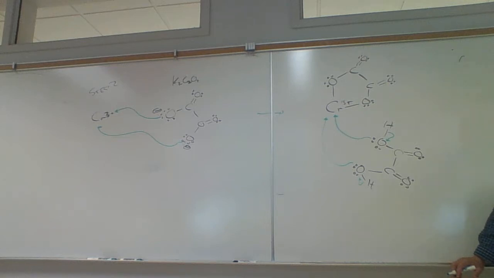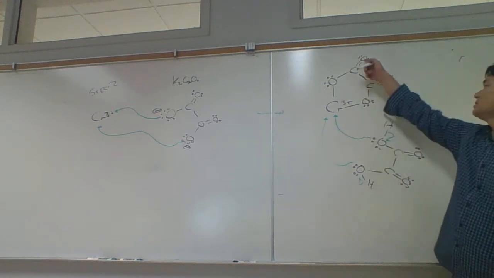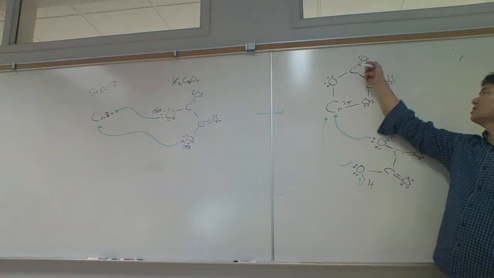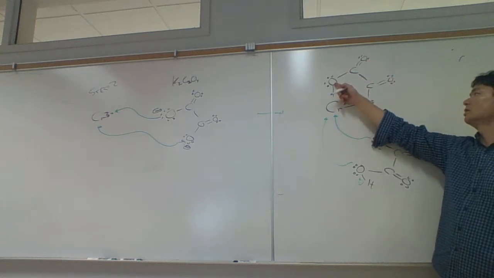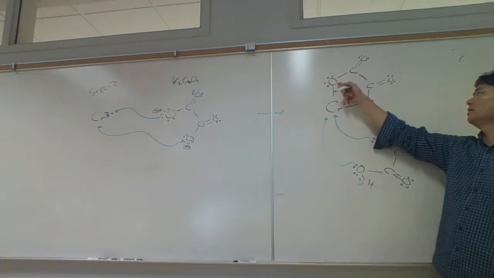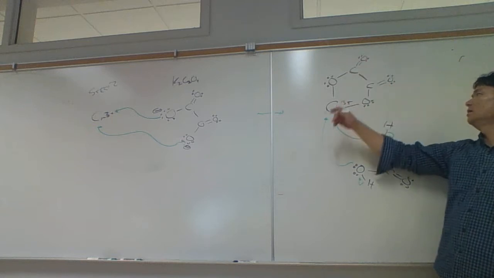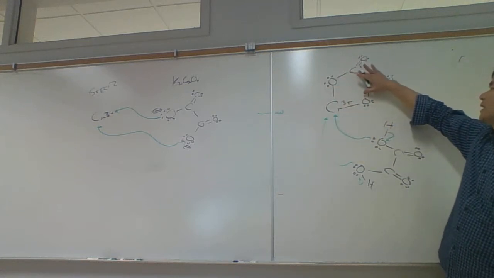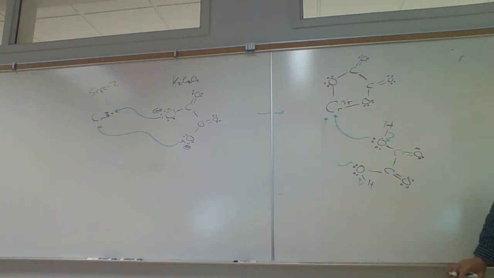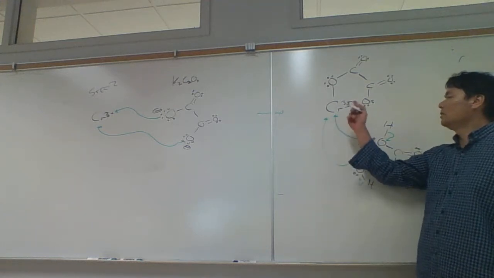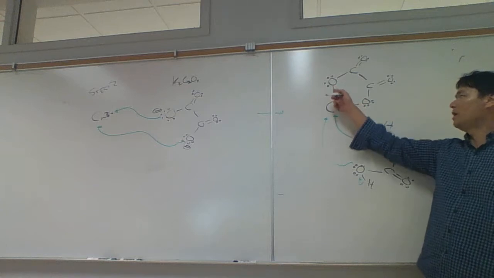Now, why not these oxygens here? Why not these oxygens here, because of the structure? If this is trigonal planar, then these oxygens on the opposite side are going to be on a flat, pancake-like ligand. And this is a special ligand because normal ligands only bond in one place.